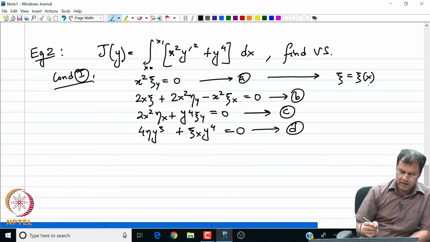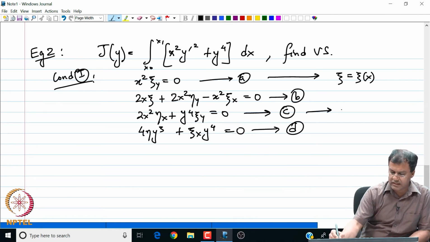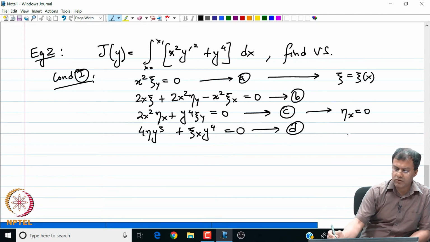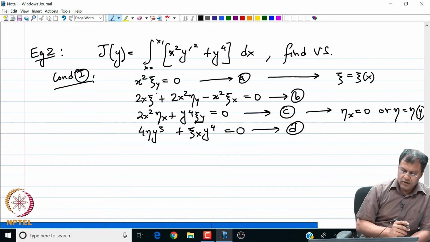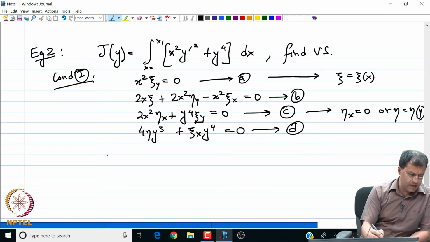From condition C, since xi y is 0, I see that eta x must be equal to 0, or eta is a function of y, because this quantity is 0 as concluded from condition A. Then we can use conditions B and D. Let us use condition B.